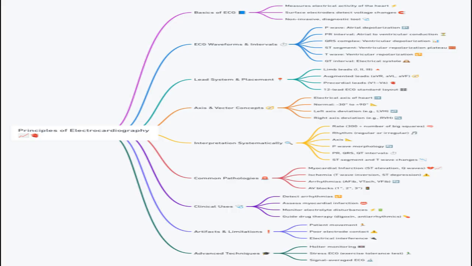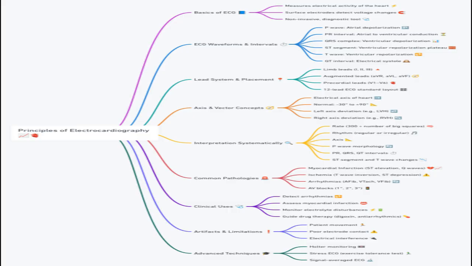So the summary and study tips, the core principles. ECG captures the heart's electrical activity through multiple leads that provide various spatial projections. The interpretation of the waves, intervals, and segments is key to understanding the normal physiology and pathological conditions.